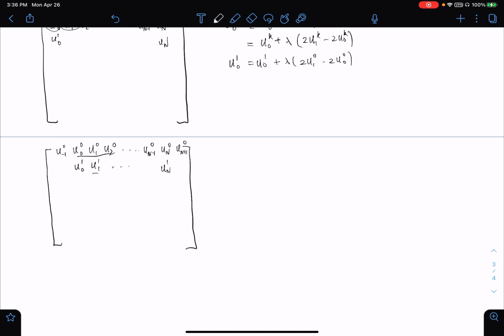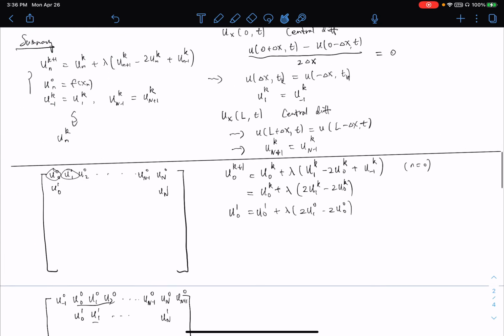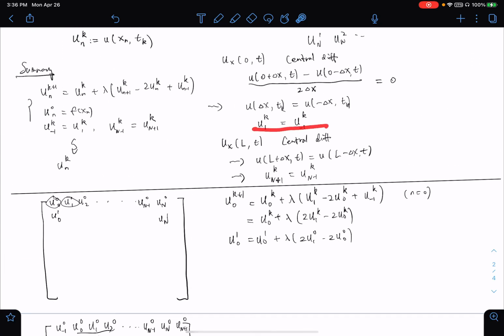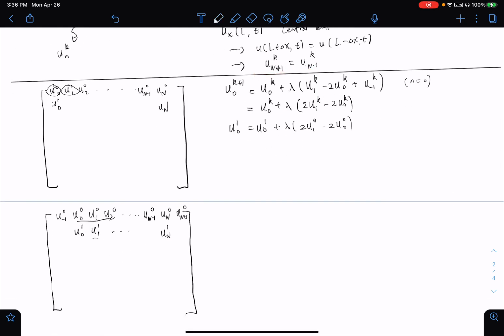And then once you have all these values, you can obtain the fictional value by just using these two equations. So this value will be equal to this value. This value will be equal to this value. So you have un+1,1.